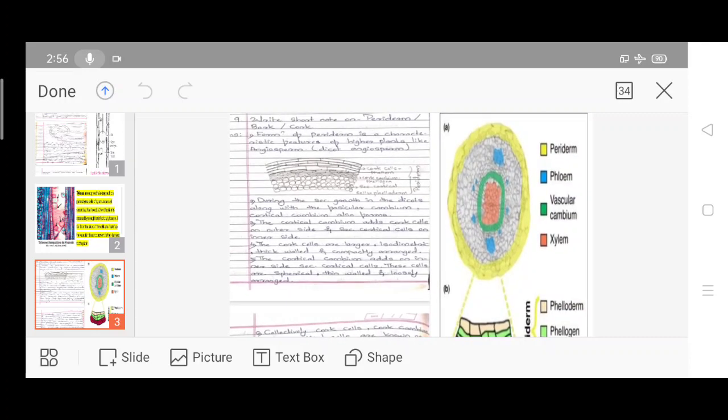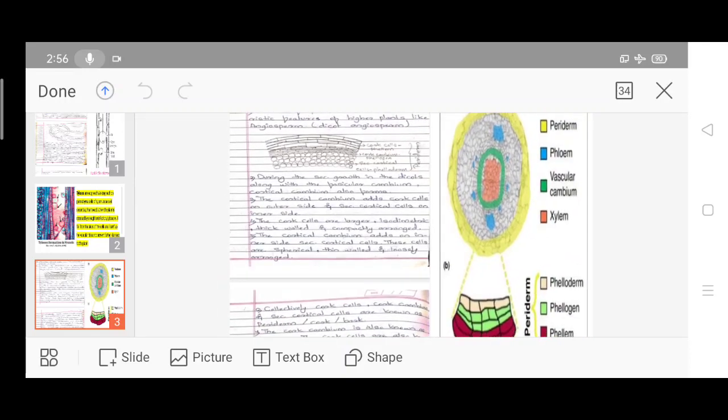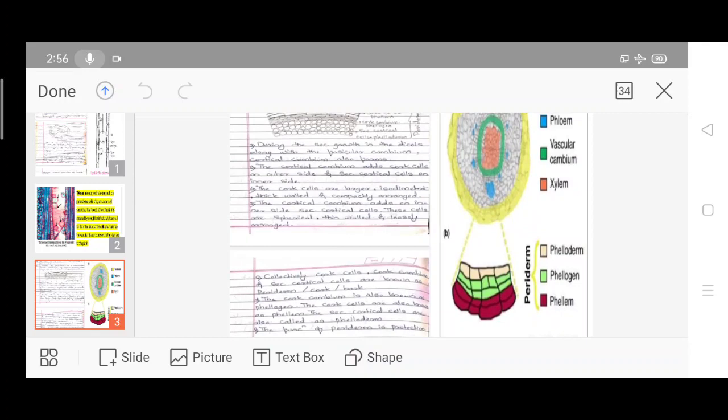Look at this colored picture. In the yellow color there is the periderm, in blue patches there is the phloem region, green is the vascular cambium, and at the center there is the xylem. The periderm is the outer part of the cortical region. This periderm is made up of three layers.